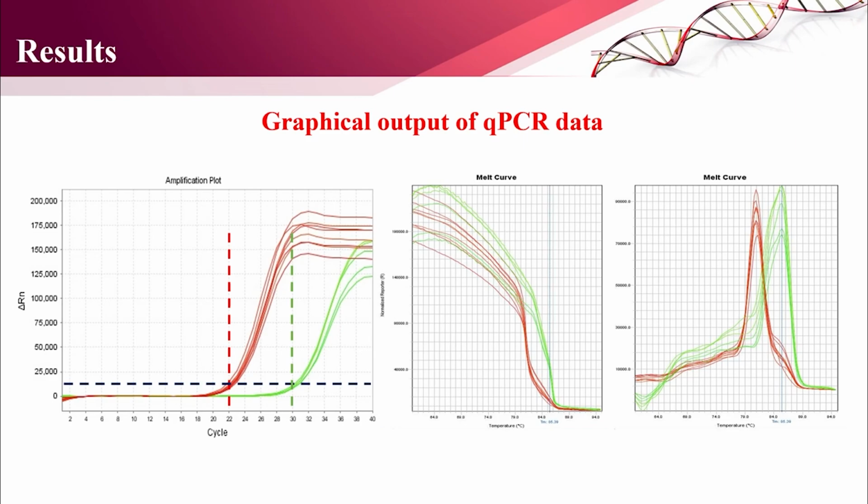For example, the left graph has a cycle threshold CT value around 22, while the right graph has a CT around 30, with cycles represented on the x-axis, from 2 to 40 cycles. From this we can determine which gene is more or less abundant, as we mentioned before in the previous slides.